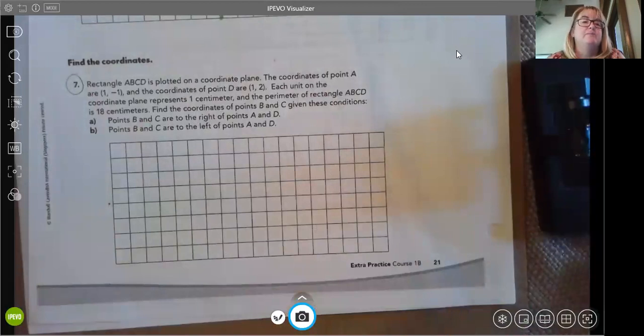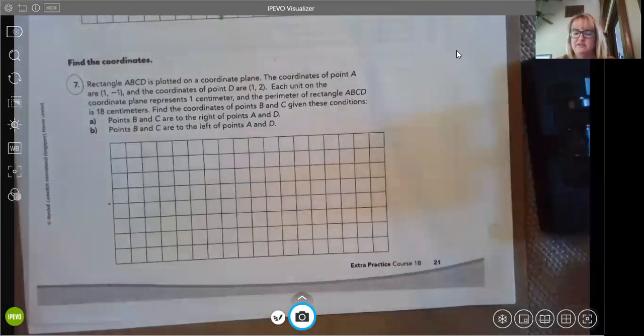Each unit on the coordinate plane represents 1 centimeter, and the perimeter of rectangle ABCD is 18 centimeters. Find the coordinates of point B and C given these conditions. Points B and C are to the right of points A and D, and points A and D are to the left of points B and C. Okay, so lots of words.